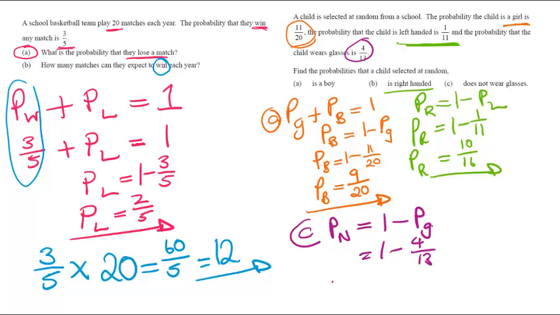So probability of no glasses is equal to 9/13. Okay, so this is one way of calculating probability. If they're giving you one probability and they're asking you for the probability of the opposite binary chances of happening.